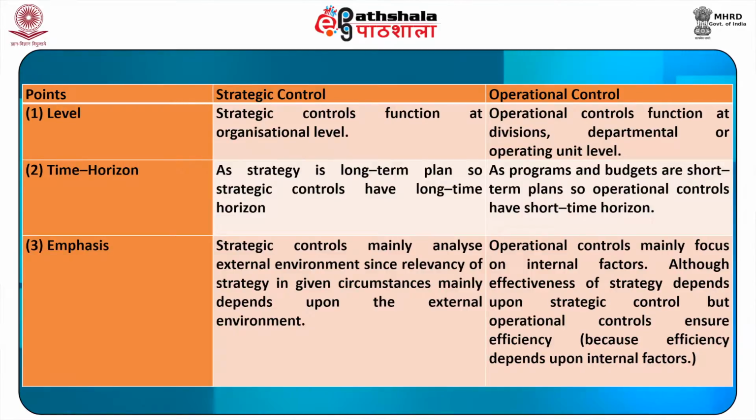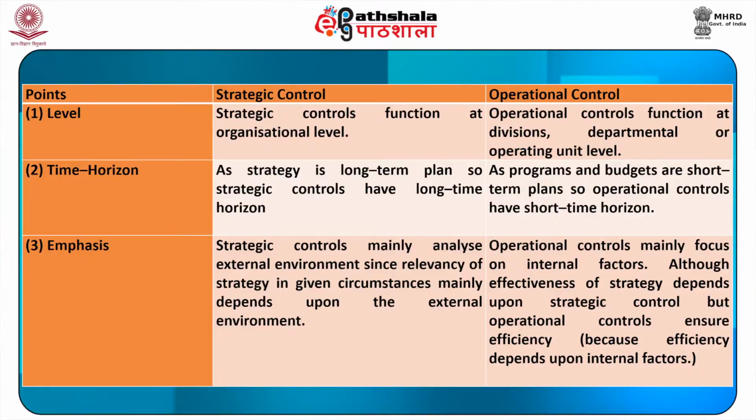As far as level is concerned, strategic control functions at the organizational level. As far as operational control is concerned, operational control functions at the division level, the department level or the operating unit. The time horizon: as strategy is a long-term plan, strategic controls have to be long-term in horizon. As programs and budgets are short-term plans, operational controls have to be short-term in horizon.